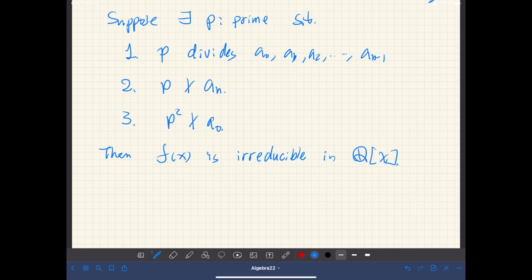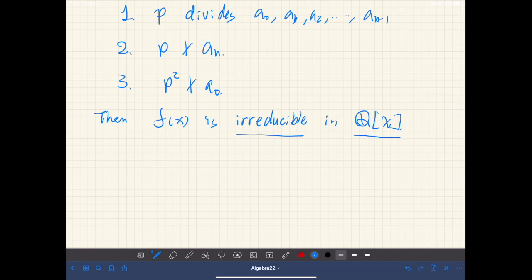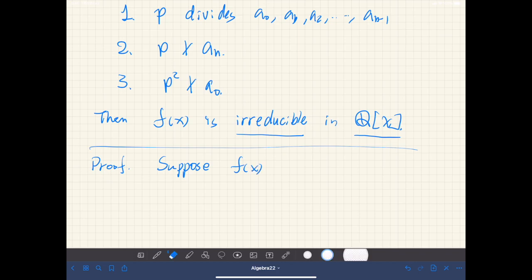By the way, in the case of the polynomial ring, irreducible means this polynomial cannot be factorized non-trivially into the product of other polynomials. Let's prove this. We prove by contradiction. So suppose f of x is not irreducible.